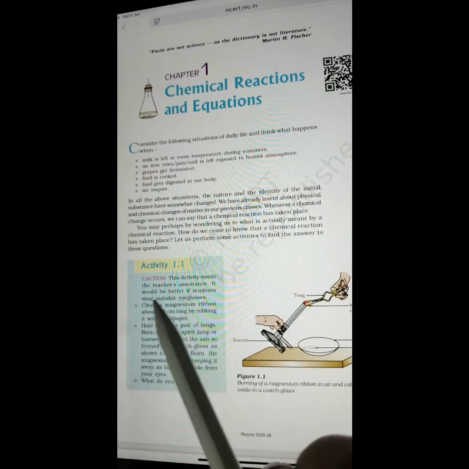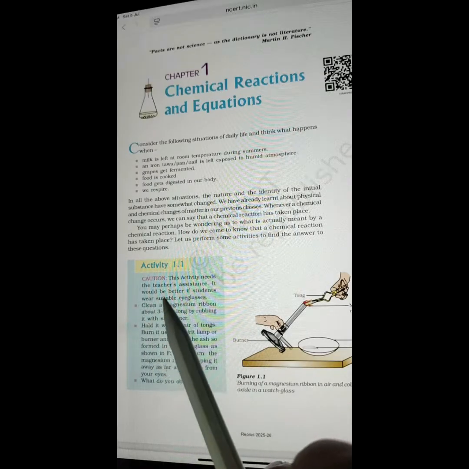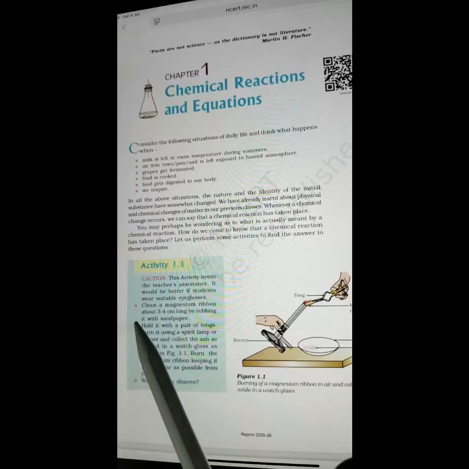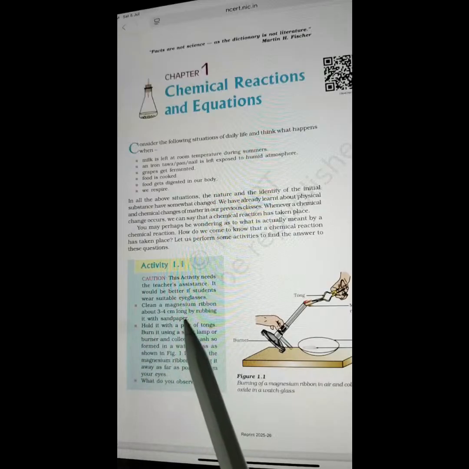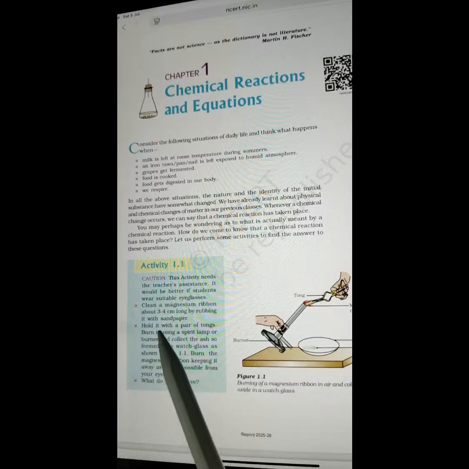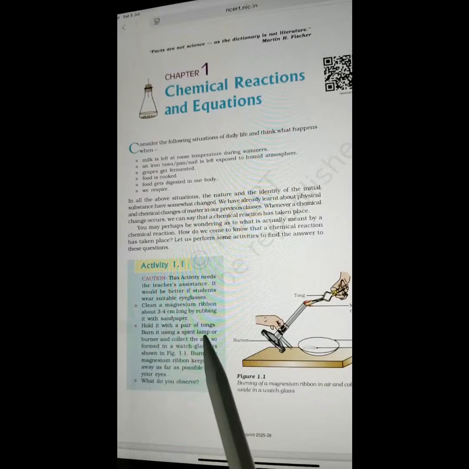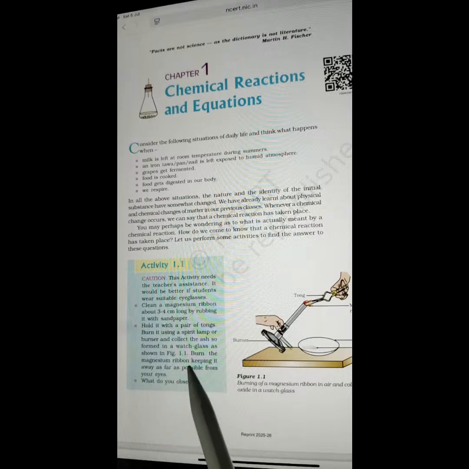Activity 1.1. Caution: this activity needs the teacher's assistance. It would be better if students wear suitable eyeglasses. Clean a magnesium ribbon about 3 to 4 centimeter long by rubbing it with sandpaper. Hold it with a pair of tongs, burn it using a spirit lamp or burner, and collect the ash so formed in a watch glass as shown in figure 1.1.